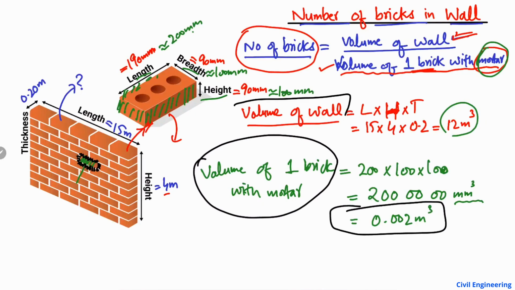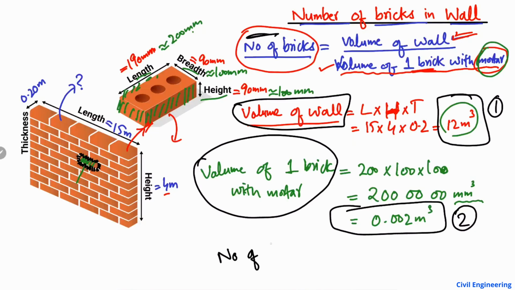Now we simply put the volume of one brick and the volume of the wall into the formula to find the number of bricks. Number of bricks will be equal to the volume of the wall, 12 cubic meter, divided by the volume of one brick with mortar, which comes out to be 0.002 cubic meter.